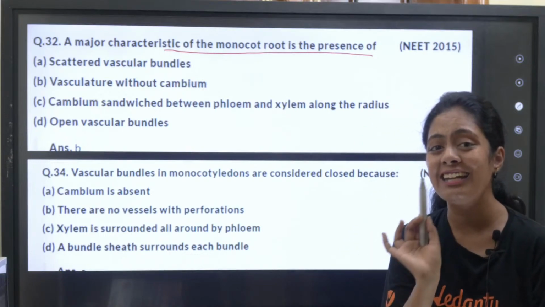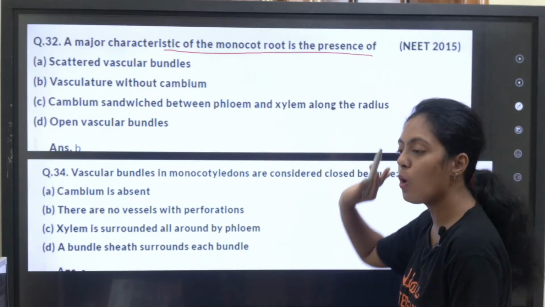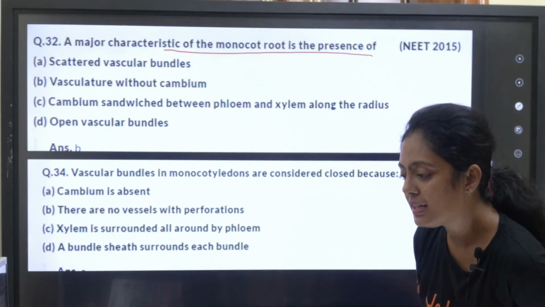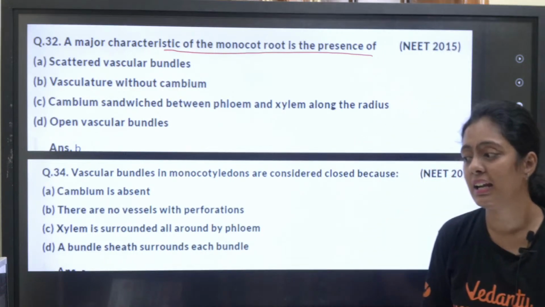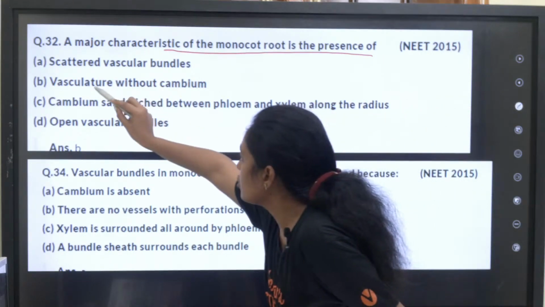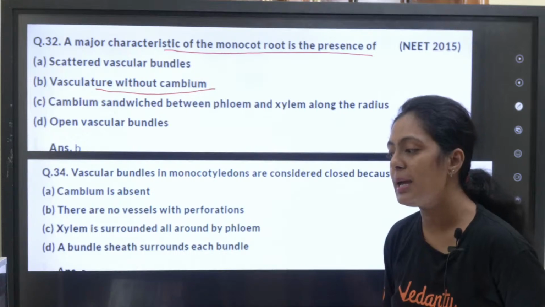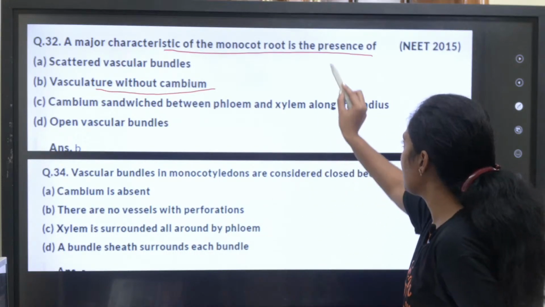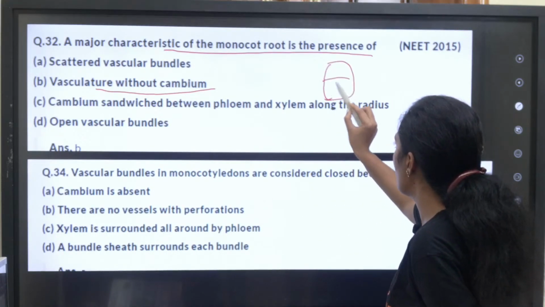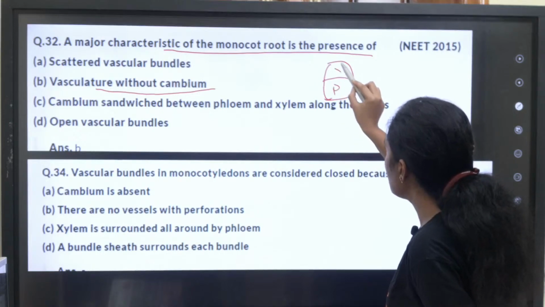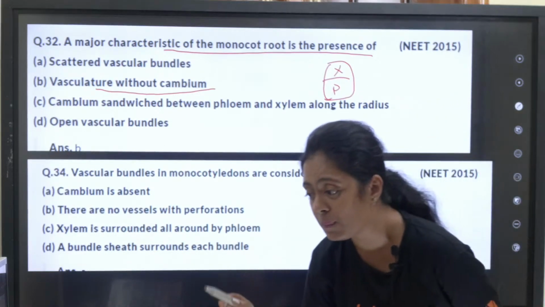What is the characteristic of monocot root? It is vasculature without cambium. So you have phloem, then you have xylem, and there is no cambium in between.